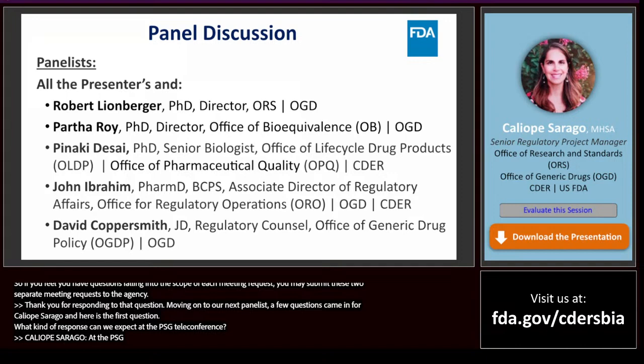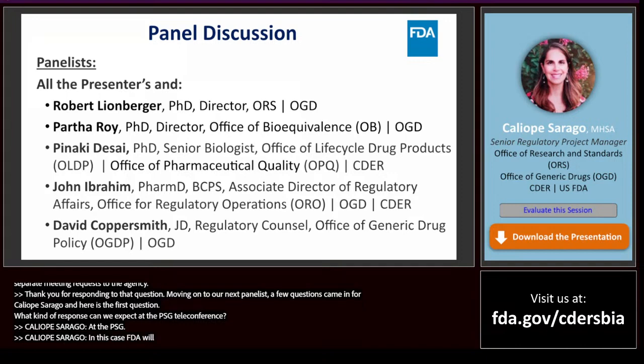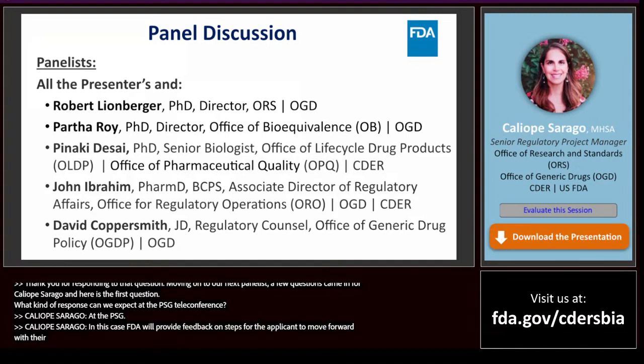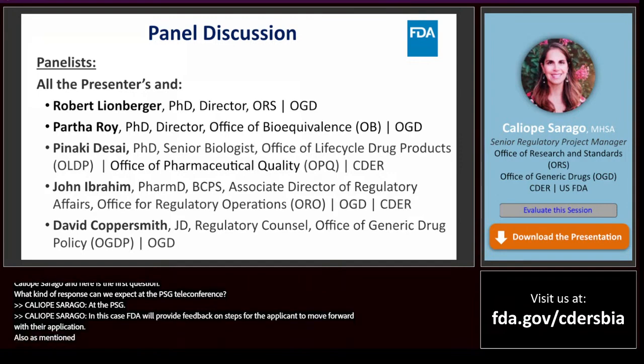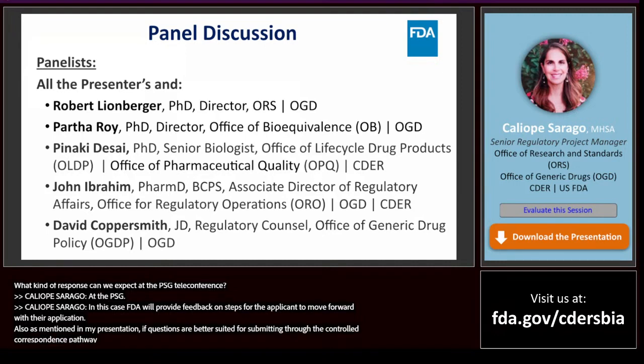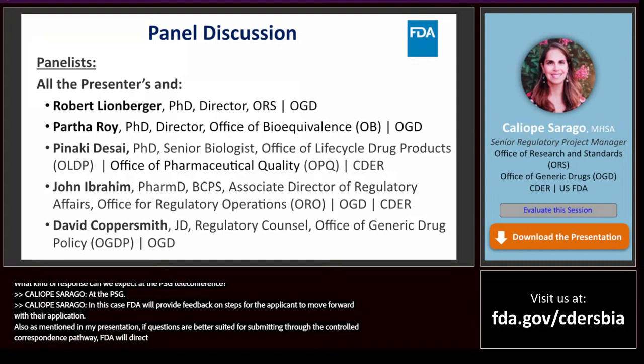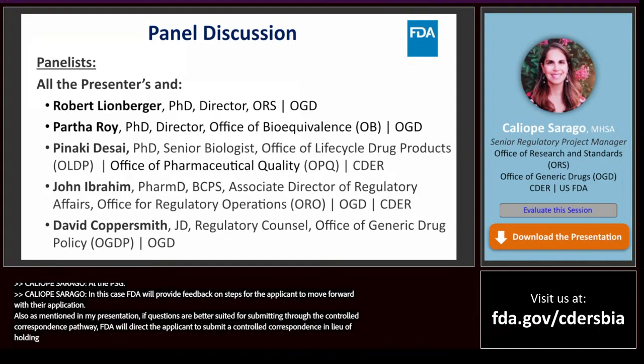In this case, FDA will provide feedback on steps for the applicant to move forward with their application. Also, as mentioned in my presentation, if questions are better suited for submitting through the controlled correspondence pathway, FDA will direct the applicant to submit a controlled correspondence in lieu of holding the PSG teleconference.